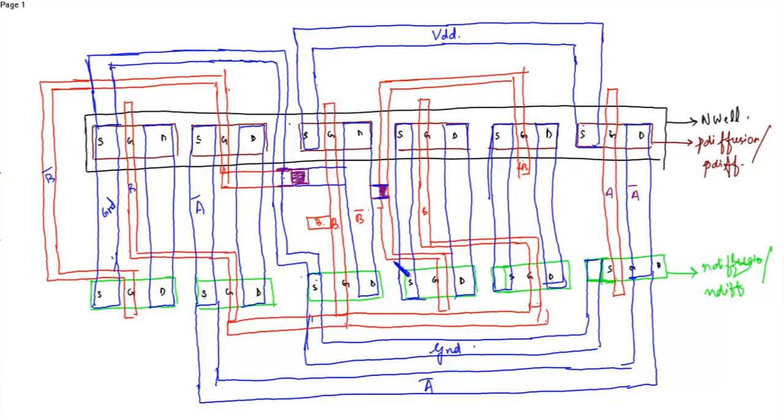Now after connecting to ground, this is A over. Now the output is obtained. The inputs are ground and A bar, and output is obtained from the drain, common drain.